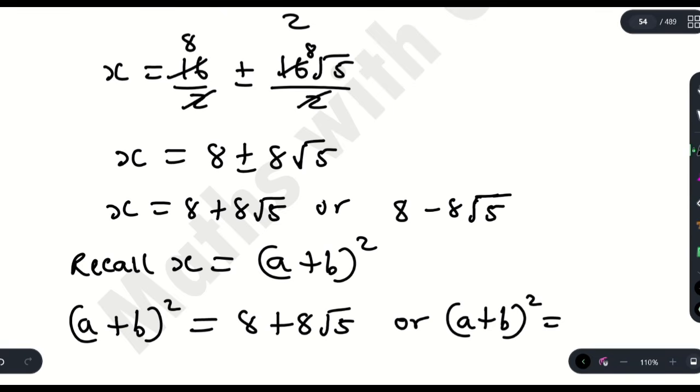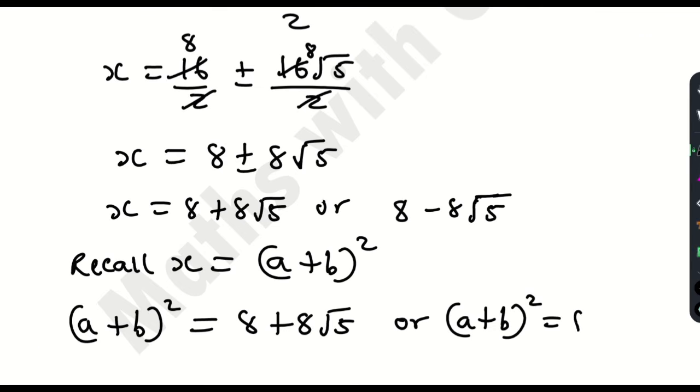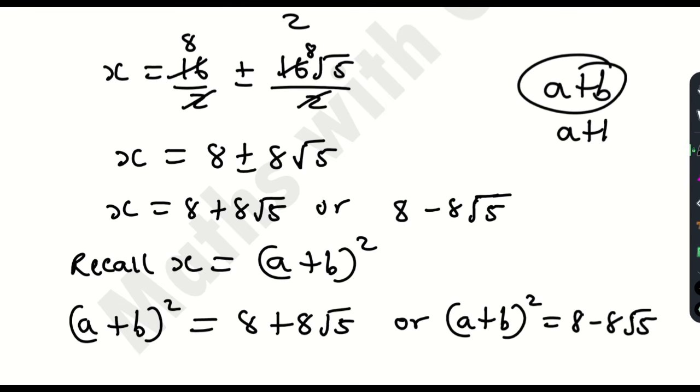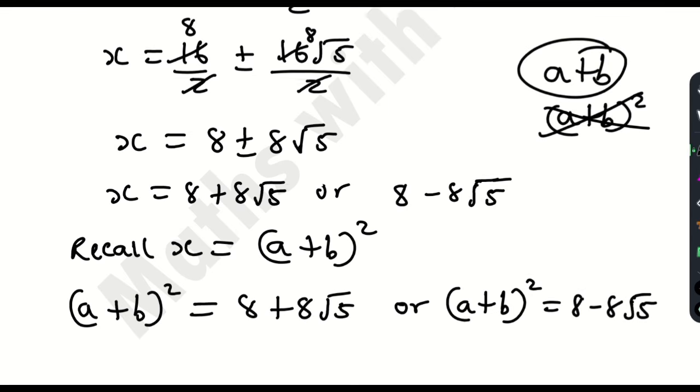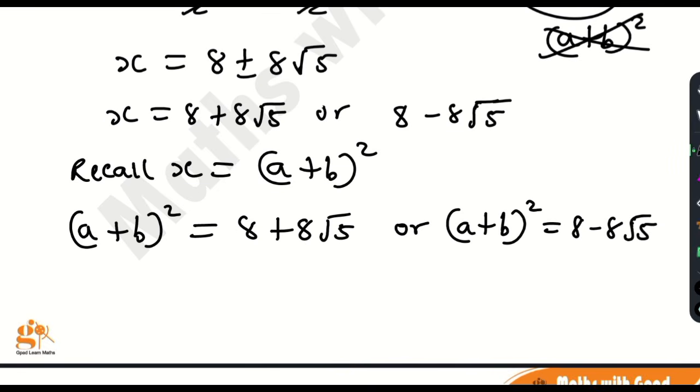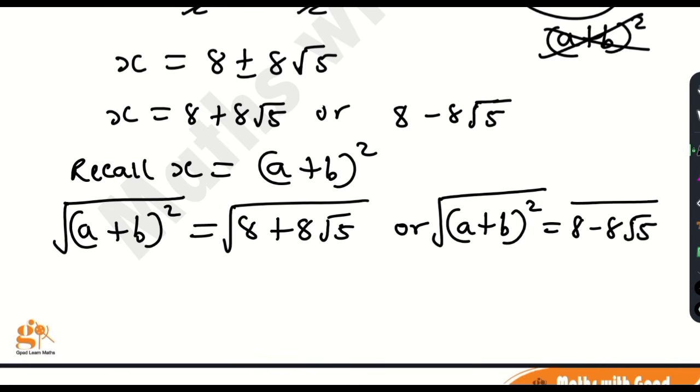Now, because we're asked to find a plus b and not a plus b squared, we have to square root both sides so as to get rid of the square. So we square root both sides. This square root will cancel the square. You have a plus b is equal to the square root of what?